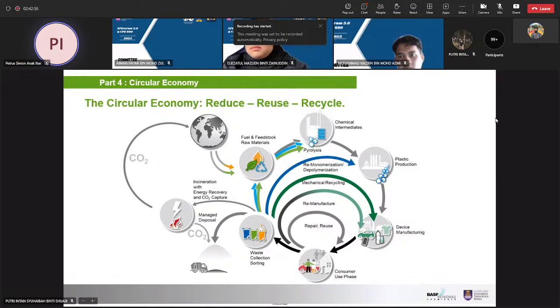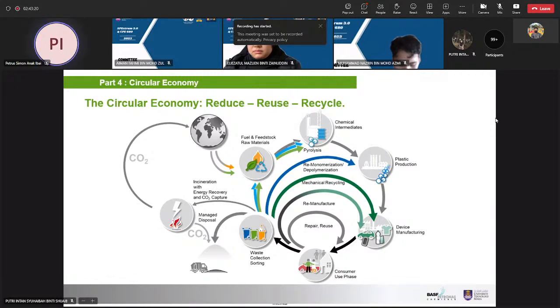Through processes like pyrolysis, or repolymerization or depolymerization, and also through mechanical recycling, remanufacturing, or through repair and reuse, we can keep the material as long as possible in the chain until it reaches certain limitations, of course. Then it becomes waste collection and sorting, before it goes back to the dump waste. So this is actually the intention of the circular economy: we want to maintain the product as long as possible in the chain.